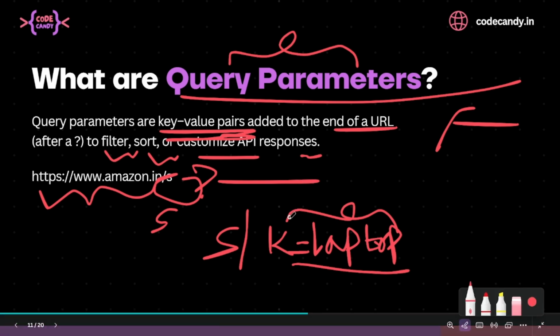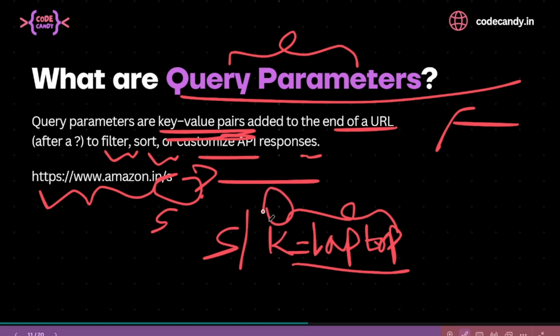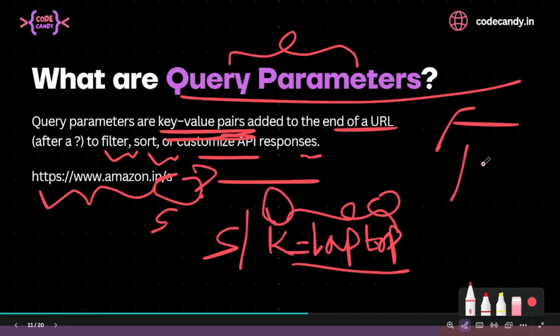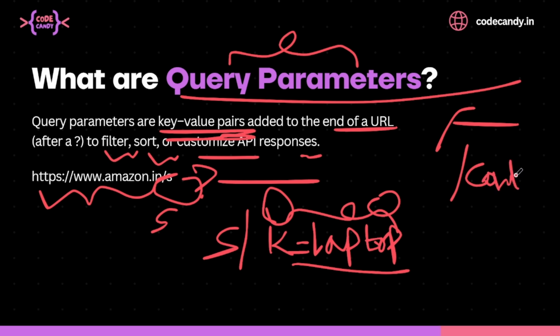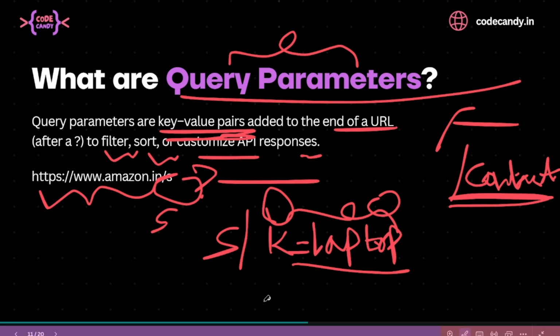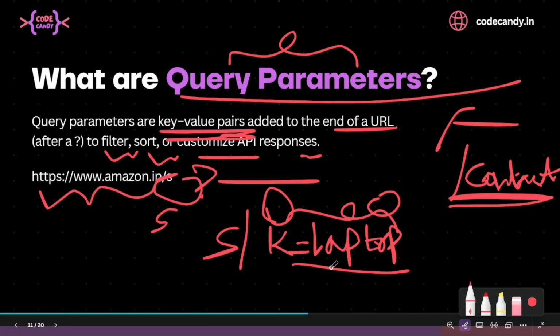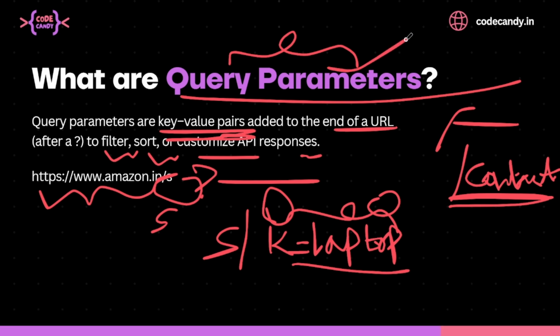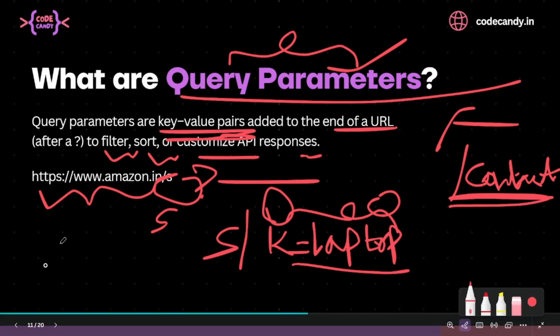These query parameters always come as key and value. The things that come only after this, if I mention only slash contact, means this is a path. If I mention a key is equal to value pair, that is called a query parameter. See, now in the previous path, I went to the Judio shop.